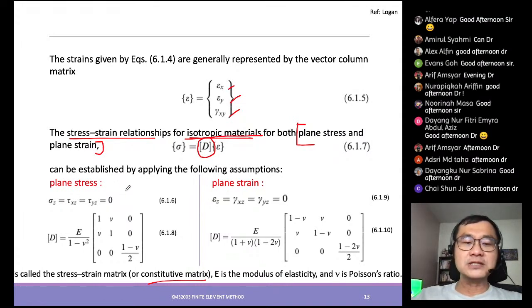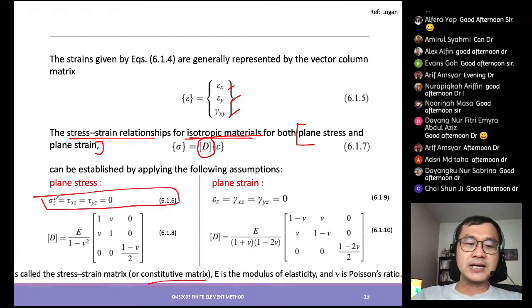For a plane stress problem, we assume that the shear stress along the z direction is 0, and because of that the constitutive matrix would be in this form. So we just have to define the type of problem and apply the proper matrix to our relationship.